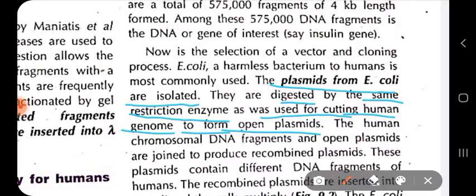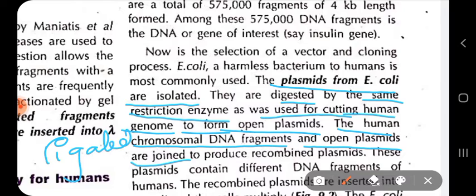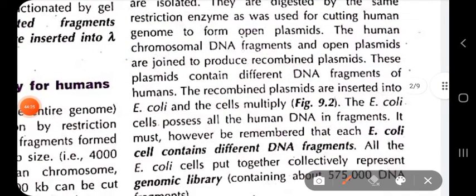Okay, now the human chromosomal DNA fragments and open plasmids are joined, or you can say ligated. They are ligated to produce recombinant plasmids. These plasmids contain different DNA fragments of humans.